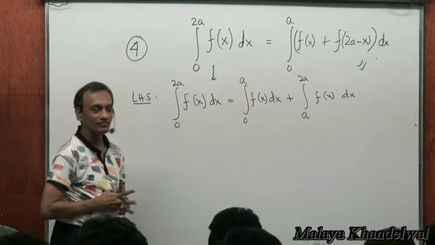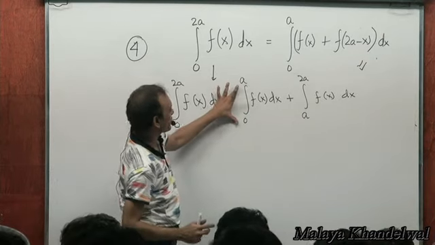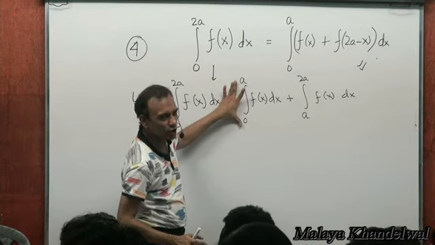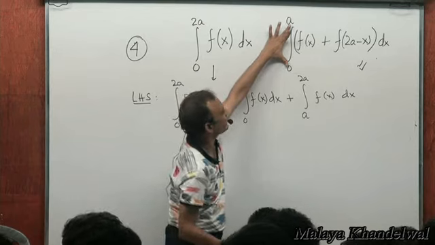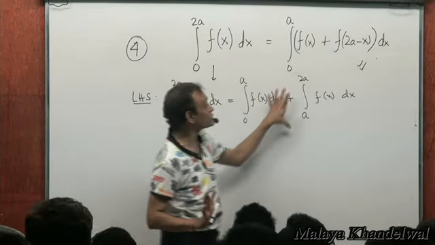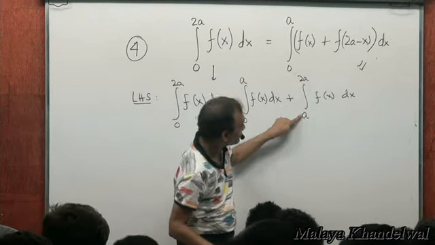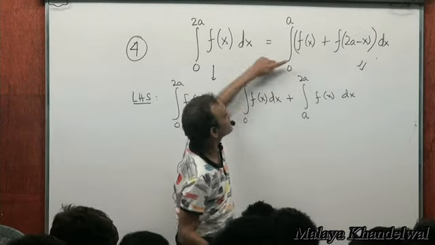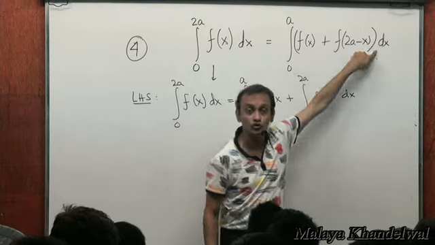Right? Now this is all right. I needed this. I'll not tamper with this. 0 to a f of x dx has already appeared. Part of it is okay. Now I just need to deal with this. I need to show that a to 2a f of x dx is 0 to a f of 2a minus x.